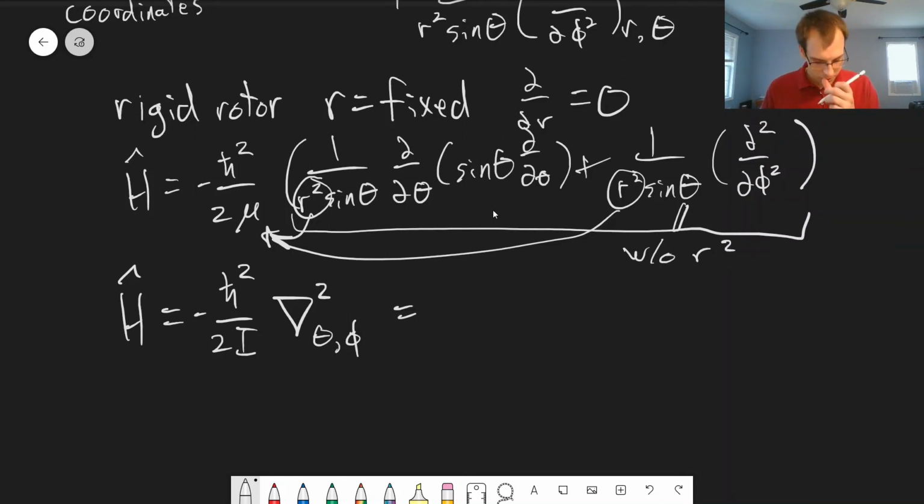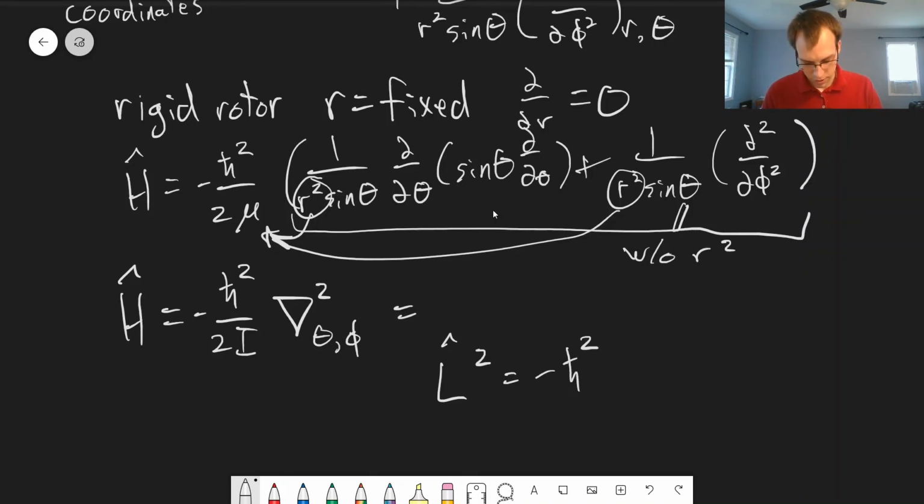To somewhat simplify this, we can define the quantum angular momentum operator squared as all of the derivative part, combined with the h bar squared.